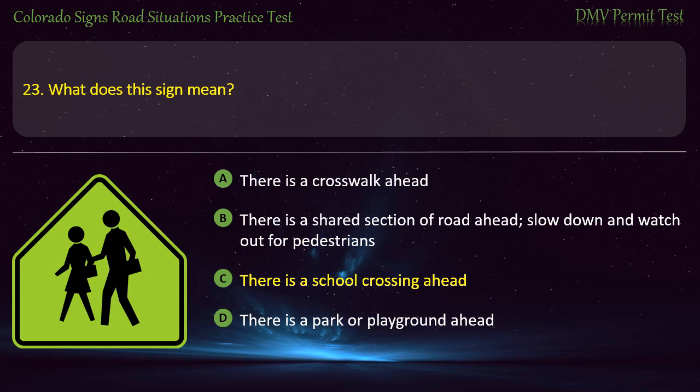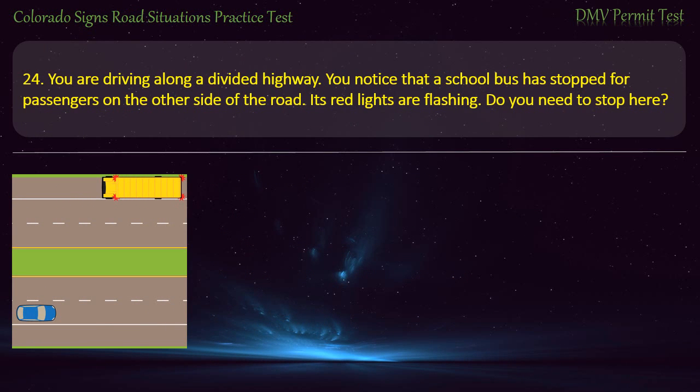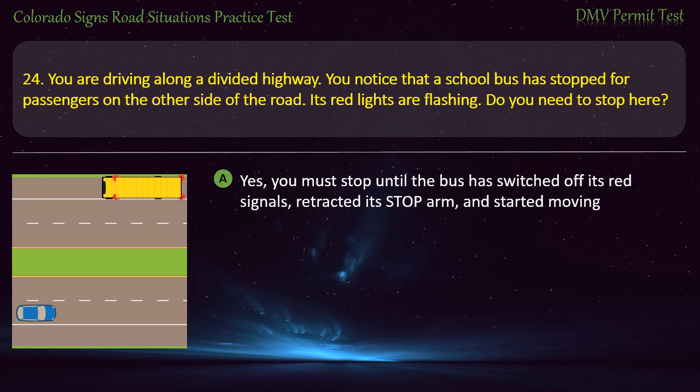Question 24. You are driving along a divided highway. You notice that a school bus has stopped for passengers on the other side of the road. Its red lights are flashing. Do you need to stop here? Yes, you must stop until the bus has switched off its red signals, retracted its stop arm, and started moving.